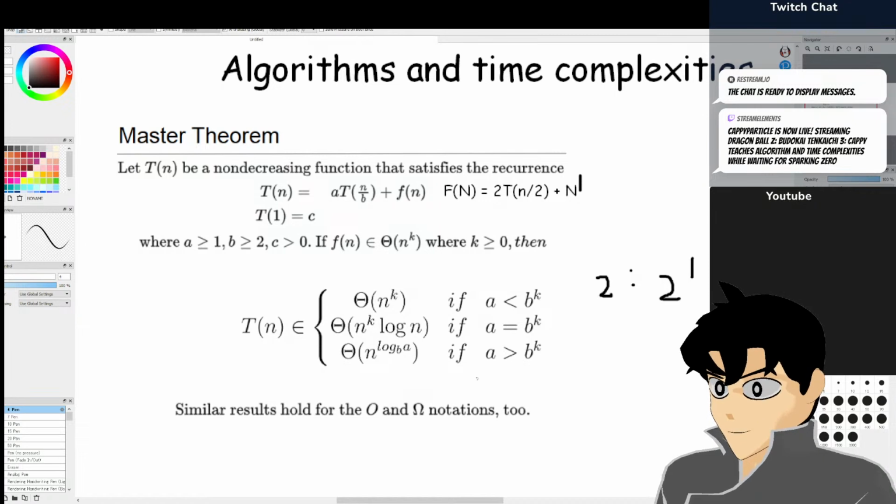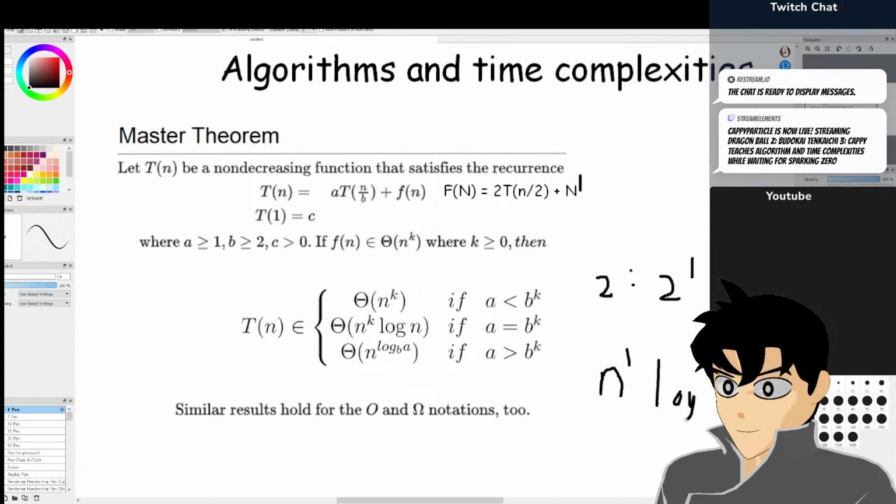So then, we use this formula here, which means this is n to the power 1 log n. This formula is n log n.